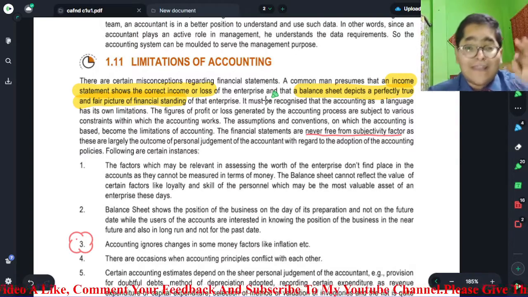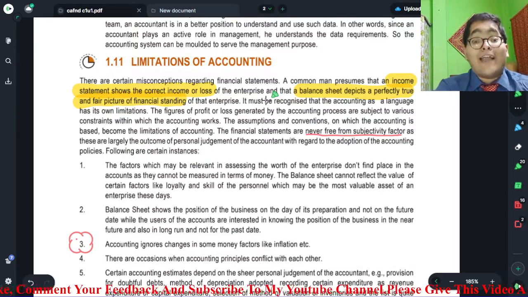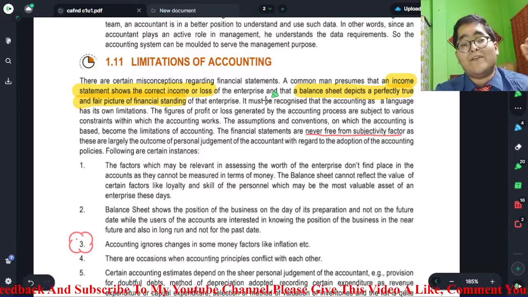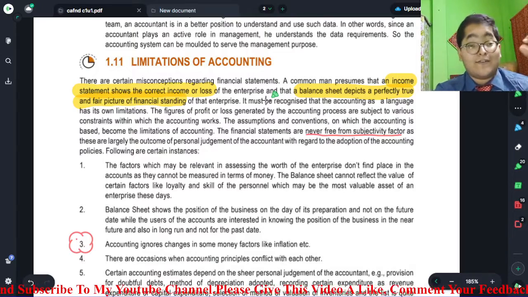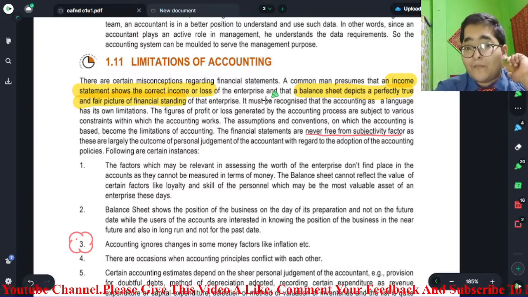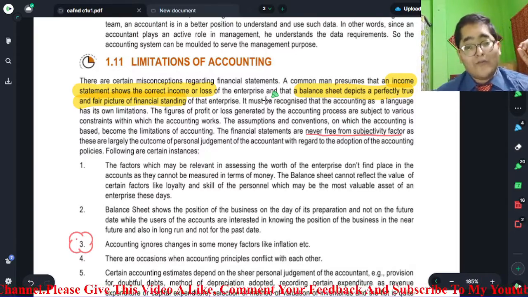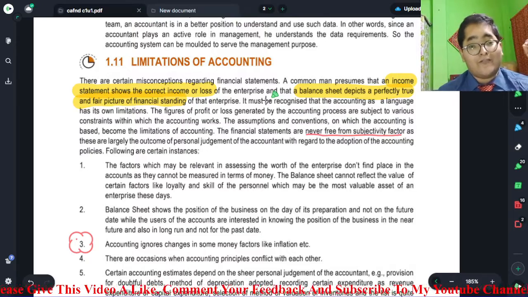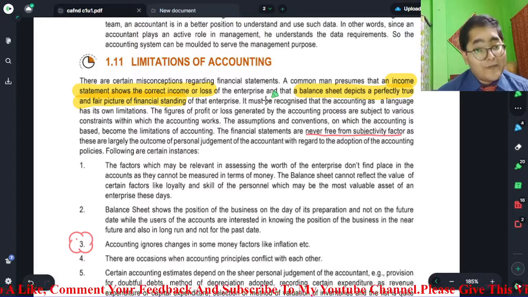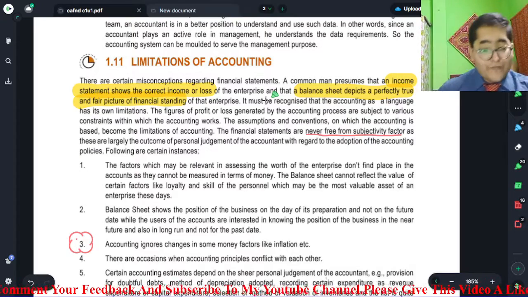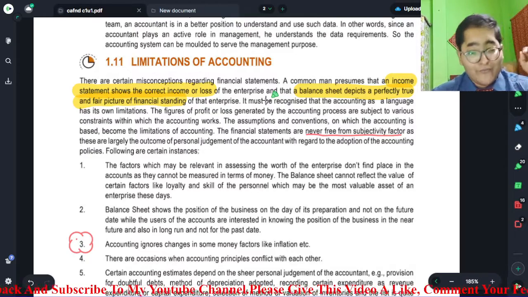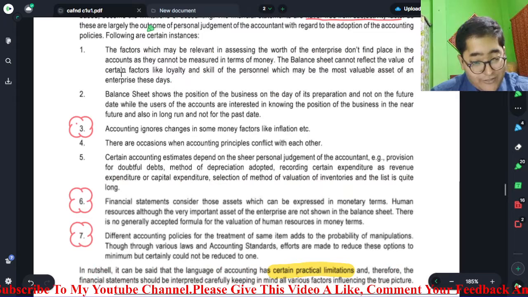But think about when the financial statements are prepared from faulty evidences or faulty invoices, or the heavy incomes are not regarded for calculations of the financial position. What would happen? The balance sheet would not be true. The financial statements, the income statement would not give a true and fair view. So there comes the limitation.